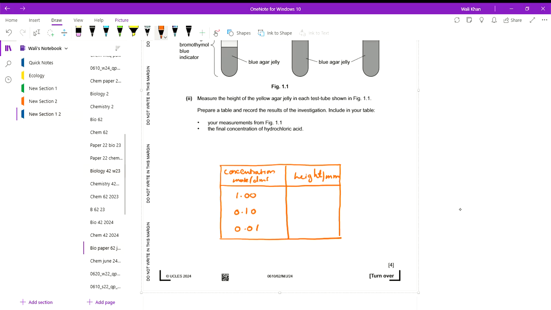Concentration in mole per dm³. At concentration 1, height is 25 mm, and you can add plus minus. Here is 14 plus minus 1 mm. There is 5 plus minus.